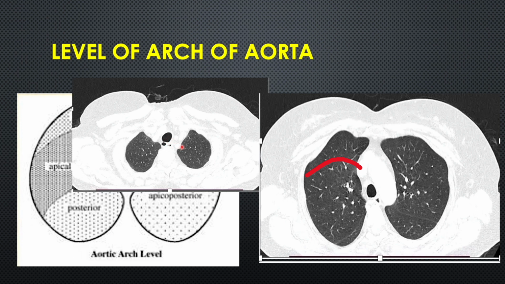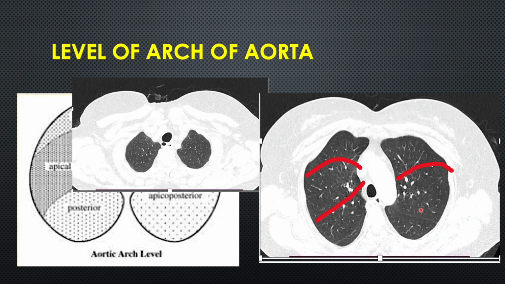If you remember, as I said, we would see a lot of part of the anterior segment, the apical segment and the posterior segment. Mind you, we can also see the fissures here. This is the start of the oblique fissure from T4, and here if we divide, we are seeing some part of the anterior and the rest of the part of the apico-posterior.